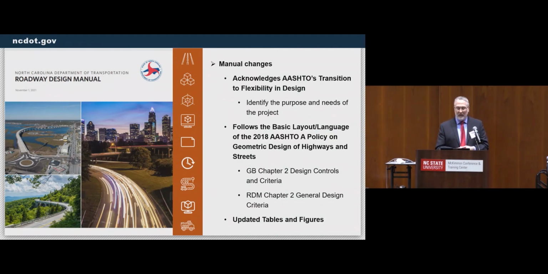Another example would be Green Book Chapter 3 being titled Design Elements, and Roadway Design Manual Chapter 3 being titled Elements of Design. So you'll see a correlation between the Green Book and the Roadway Design Manual. We've also updated numerous tables and figures throughout the Roadway Design Manual to correspond with the 2018 AASHTO Green Book and the AASHTO 2011 Roadside Design Guide. So be prepared for some changes there.